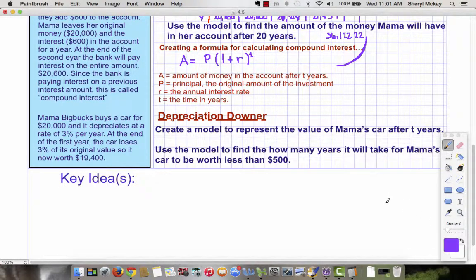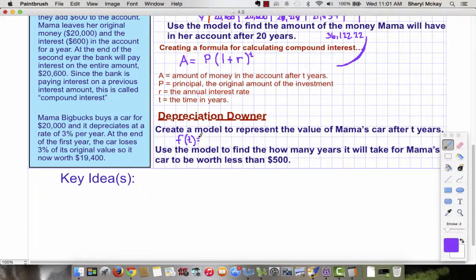So let's see if we can create a model for Mama's car. Could we do a recursive? Could we say that f of t is what we're going to try to find, okay?